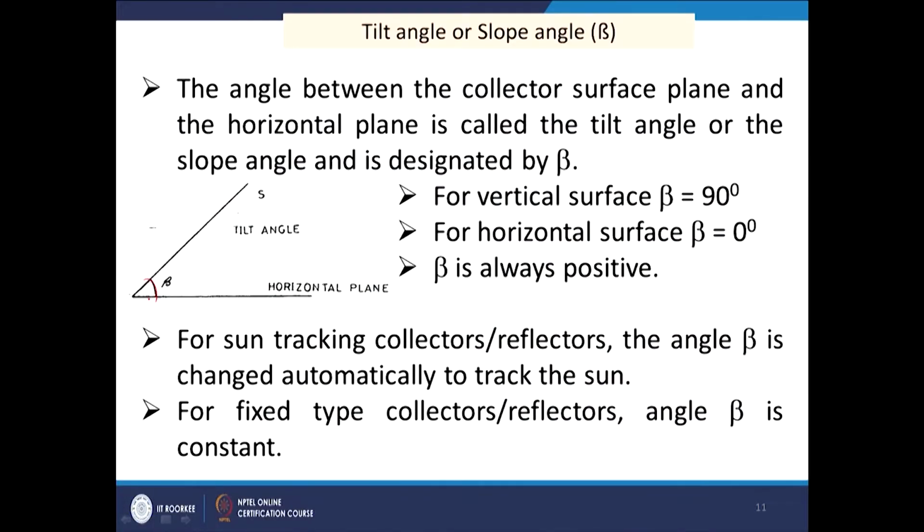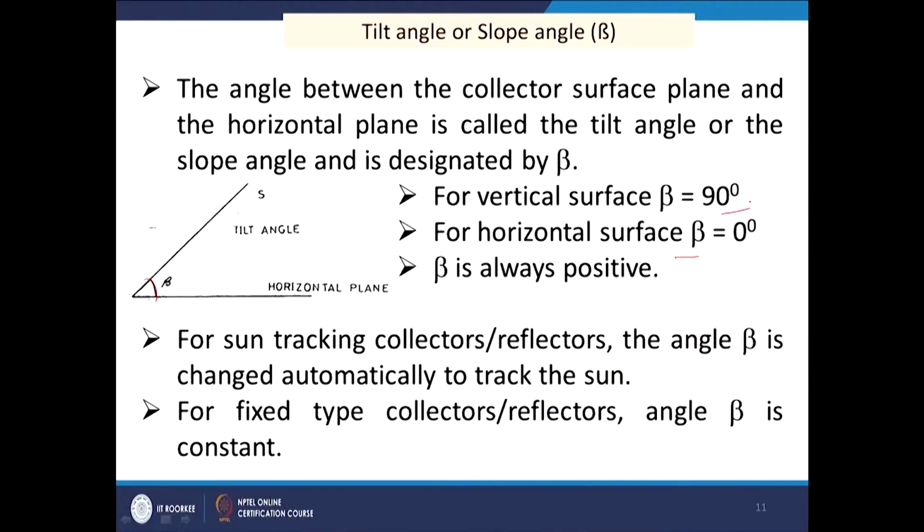This is a horizontal plane, and this surface makes an angle, which is called beta, or the tilt angle. This tilt angle will be 0 when the surface is horizontal, or it will be 90 degrees when the surface is vertical.